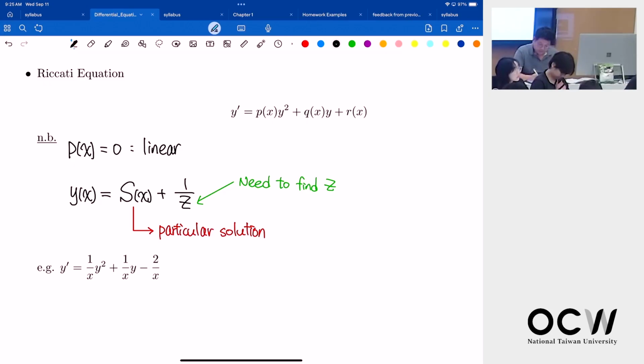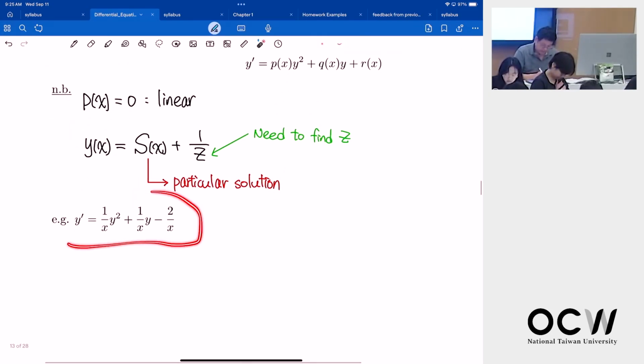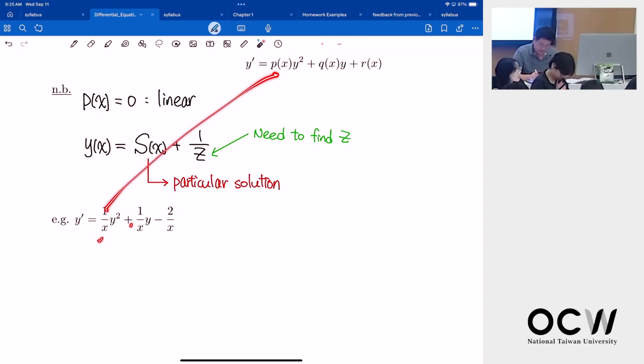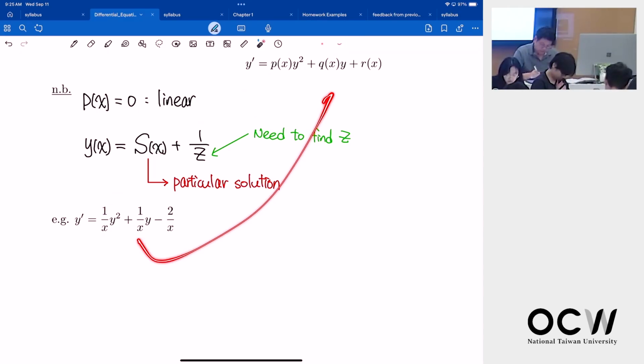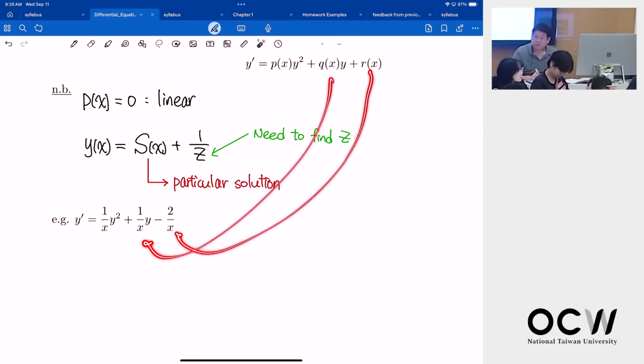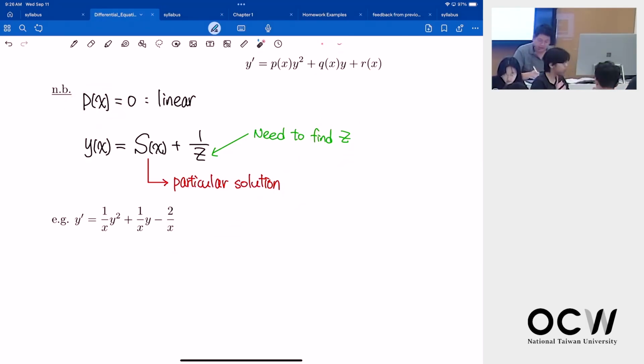For example, here we can see that p of x is 1 over x, q of x is also 1 over x, and r of x is minus 2 over x. So since p of x is not 0, it is not linear, and then this is a Riccati equation. Then our solution should be the particular solution plus 1 over z, and we need to find z.